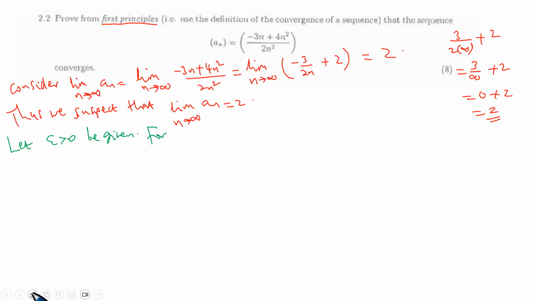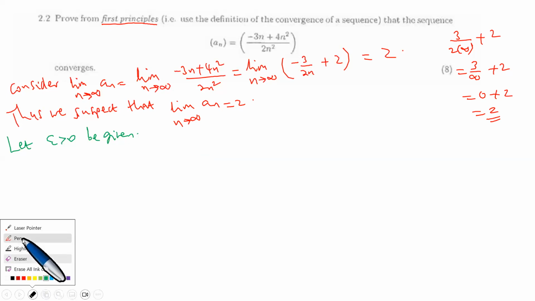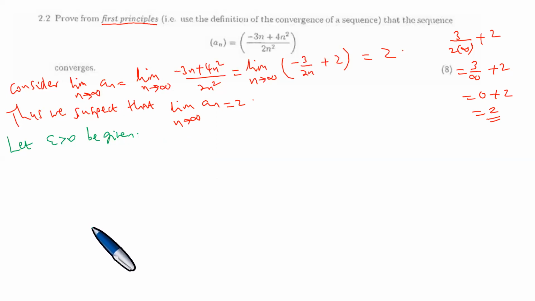Let me remove the 4. So let epsilon greater than 0 be given. Thus we have this.